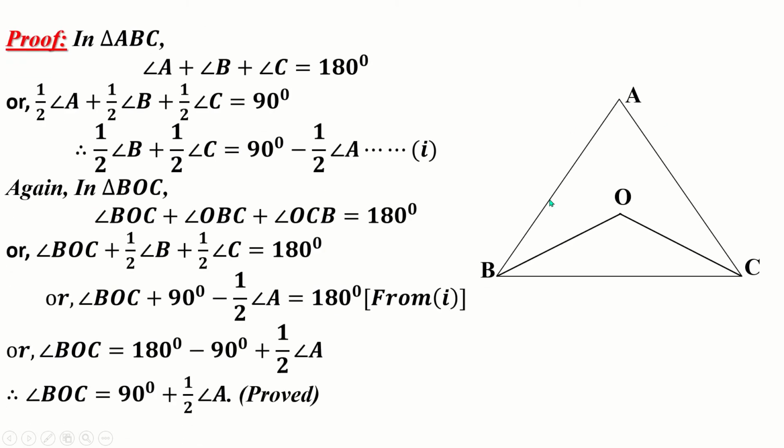Proof: in triangle ABC, we know the sum of three angles of a triangle is equal to 180 degrees. That means angle A plus angle B plus angle C is equal to 180 degrees.